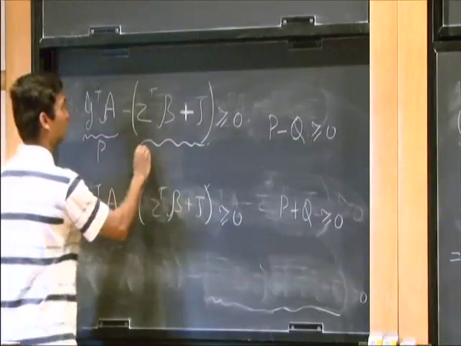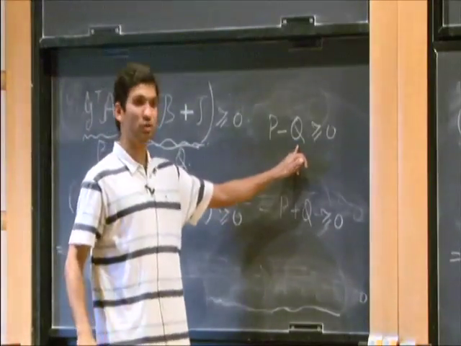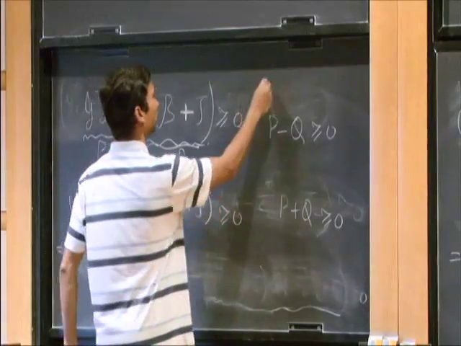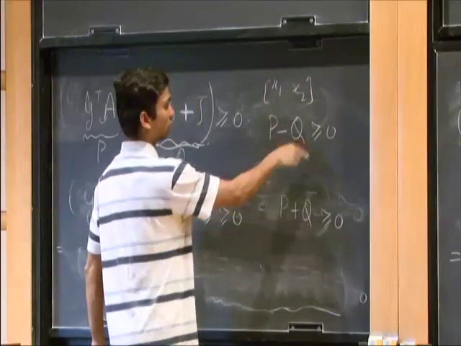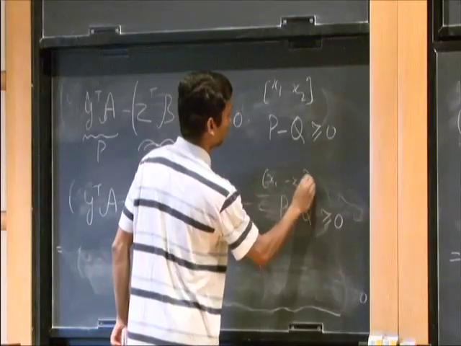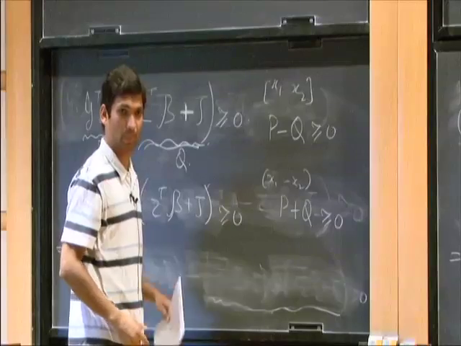So this is P and this is Q. P is given to me as block diagonal, Q is given to me as anti-block diagonal. If x1, x2 is an eigenvector of this matrix with some eigenvalue, x1 minus x2 will be an eigenvector of this with the same eigenvalue.